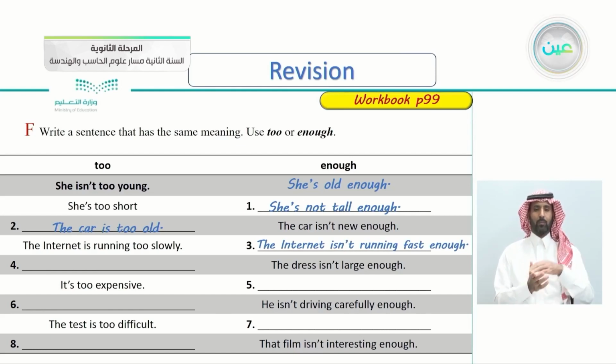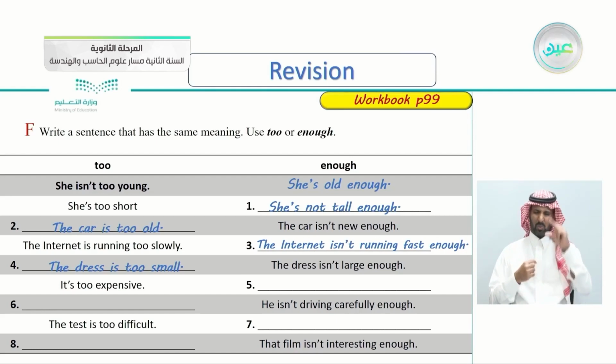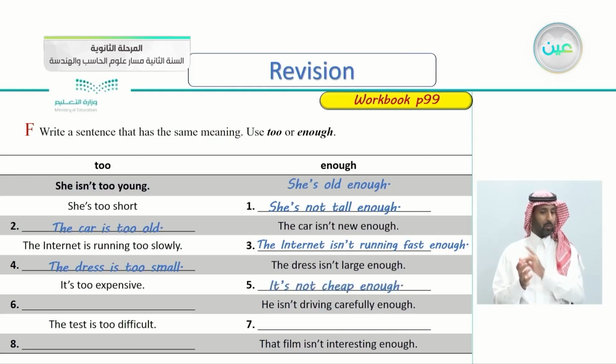Number 4, the dress isn't large enough. So how do we use too here? Yes, very good. The dress is too small. Or you can say the dress isn't large enough. Number 5, it's too expensive. So what do we say here? Very good. It's not cheap enough.